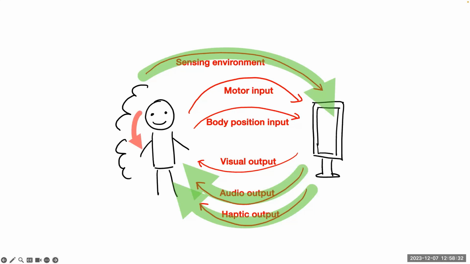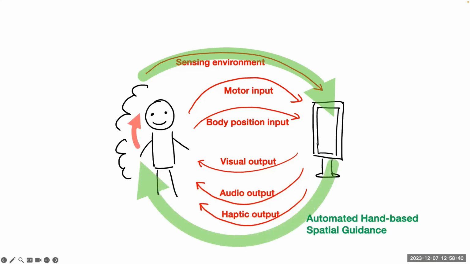And we thought, what if we can make it simpler? What if we can just let computers automatically move something so that the user doesn't have to interpret all the time and doesn't have to control this hand movement all the time?